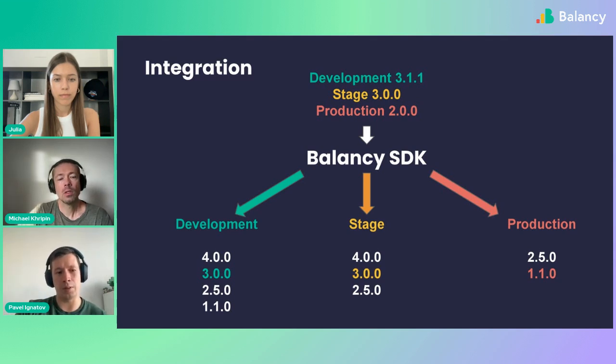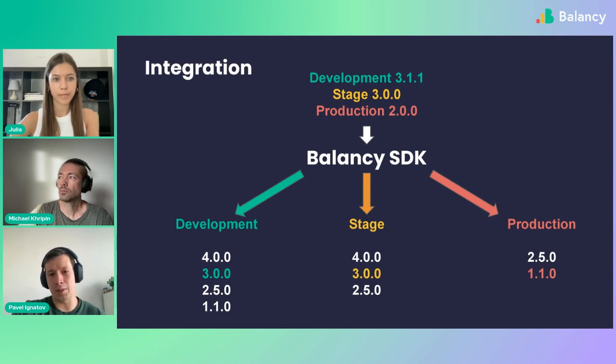What I do is sort them all from high to low, and then I try to find the highest version which is lower or equal to my app version. So in this example, it's 3.0 because it's lower than 3.1.1, but 4.0 is higher, obviously. So SDK will pick the development 3.0 branch.